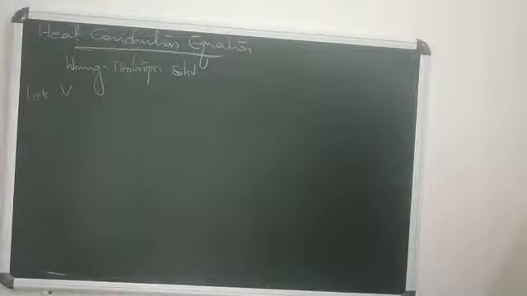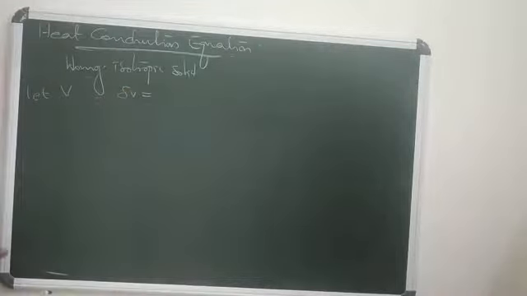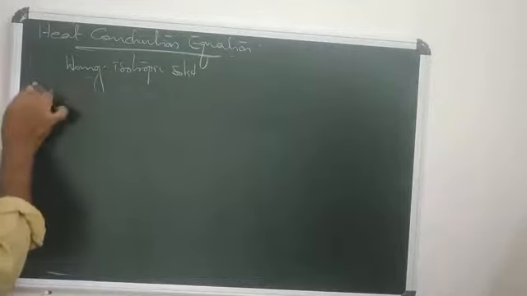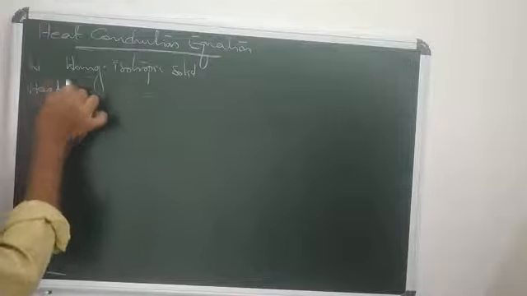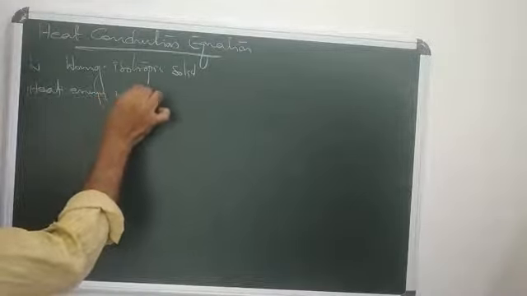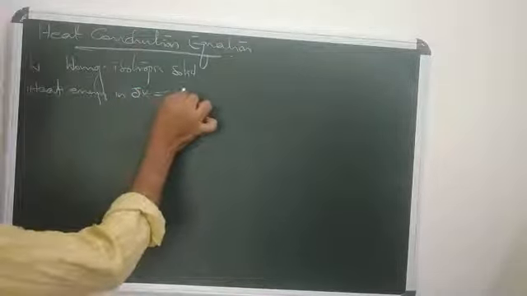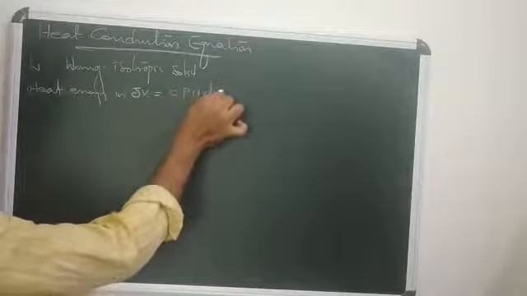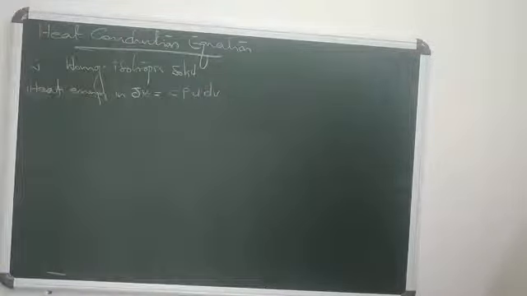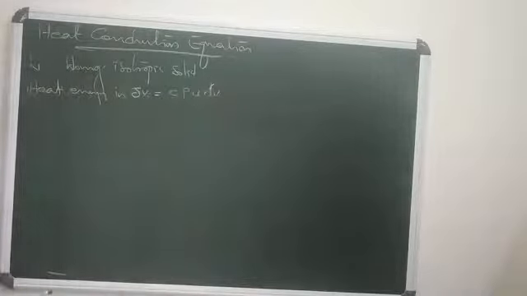Then the heat energy stored in delta V is C rho U delta V. What is C?